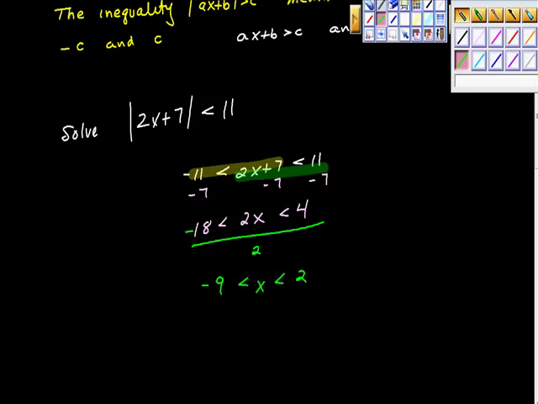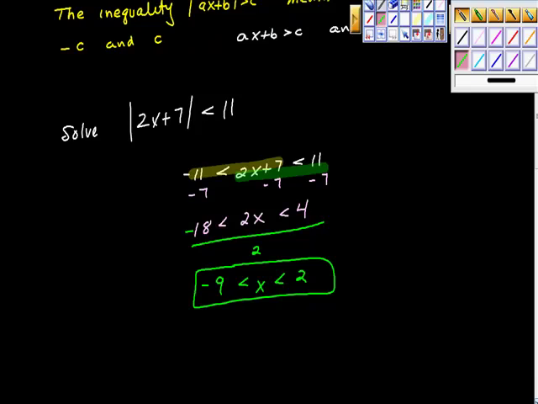Sorry about that. All right? So we know that any x value between 2 and negative 9, not including either one, will make this true, won't it? All right. This is what you can do on your own time. If you don't mind, try some values, plug in some values that are in between these two numbers and see if it doesn't make this condition true.